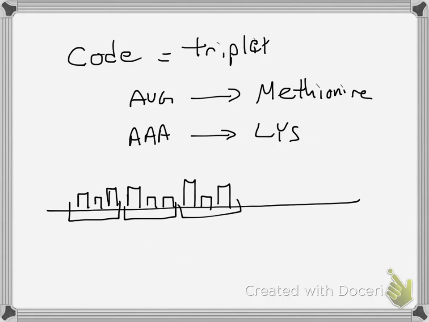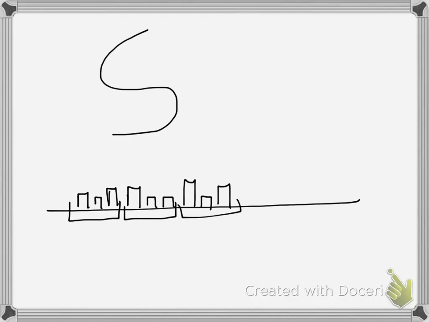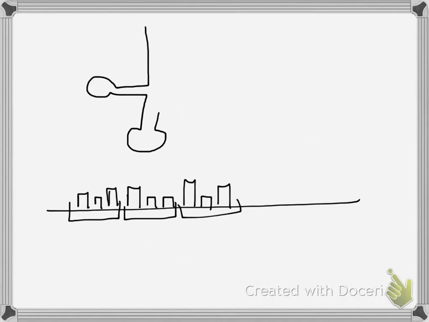Now the other way to look at the code is in our tRNA molecule. Our tRNA tends to be an RNA molecule that has stems and loops, and it comes up like so.